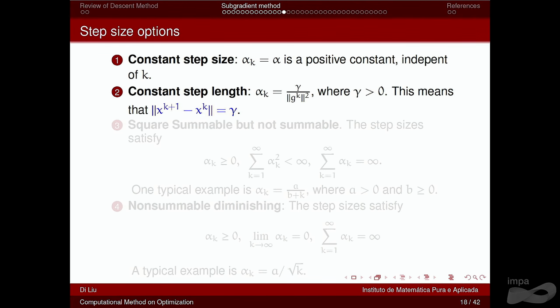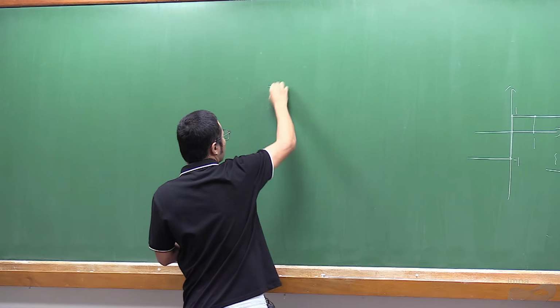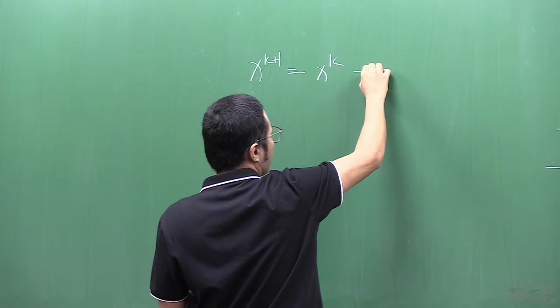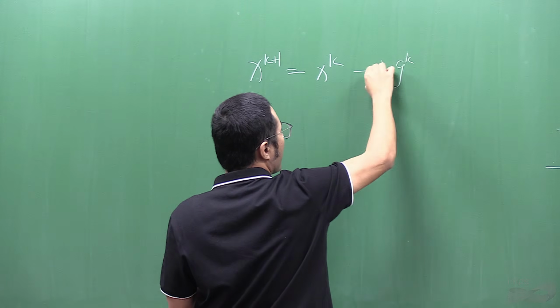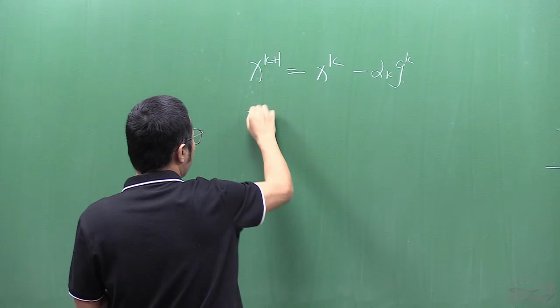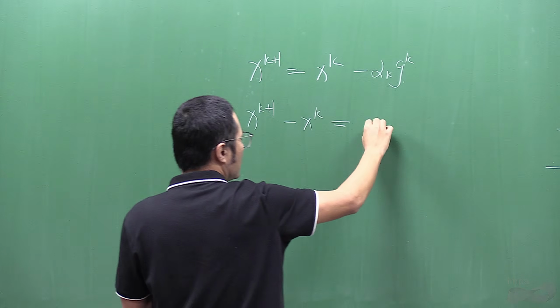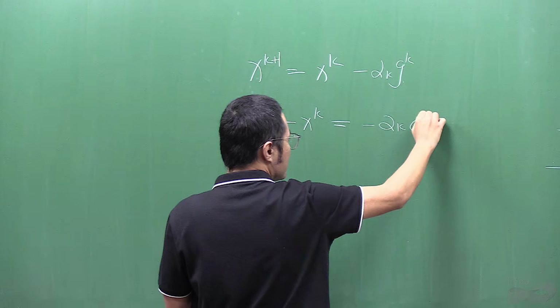Let me explain. Because the subgradient method is defined by xk plus 1 equals xk minus alpha k gk, so you have xk plus 1 minus xk equals minus alpha k gk.